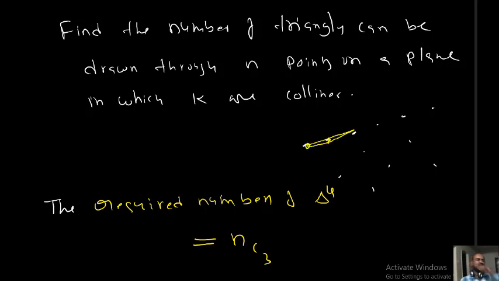That is actually not called a triangle. Using these 3 collinear points, you can draw a triangle whose area is 0. That also counted. So those should be subtracted, minus kC3, because k collinear points are there. From that selecting 3, you get kC3 triangles whose area is 0.